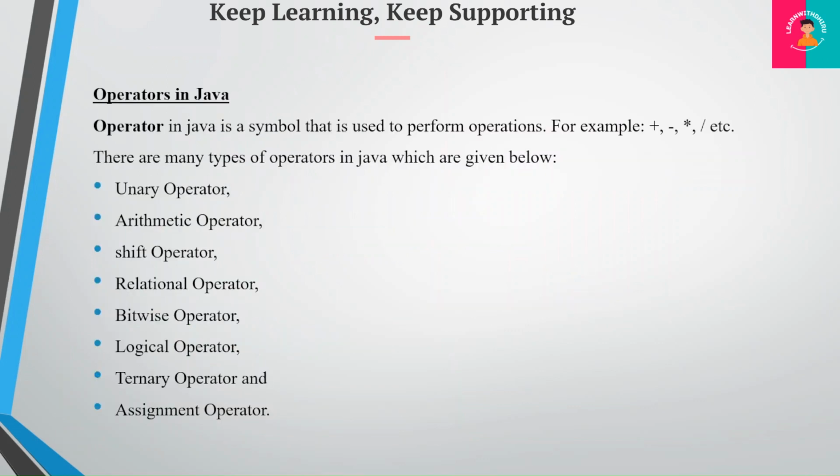Now coming to the other important part of core Java, which is operators. Consider you have declared variables, and in each variable you have stored some value. In the first variable you have stored 2, and in the second variable you have stored 3.